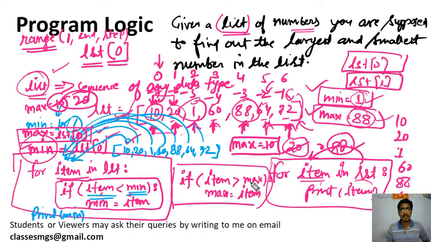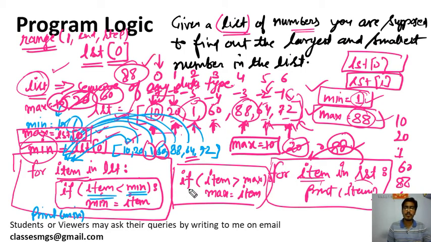Then 1 is greater than 20, condition false. Next time 60 is greater than 20, condition true, so 60 will become the maximum. Next time 88 is greater than 60, yes, so 88 will come here. Next time 64 is greater than 88, no, the maximum remains 88. 72 is greater than 88, no, so 88 will remain the maximum.